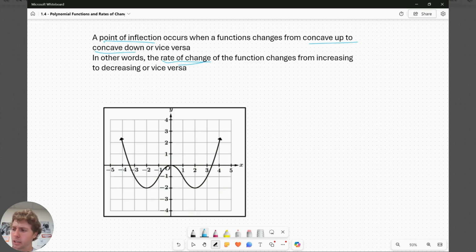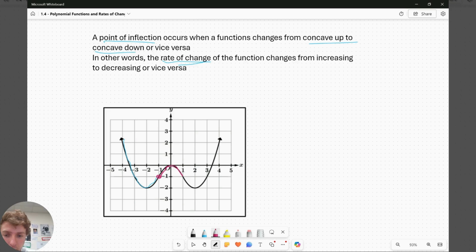But if all we're trying to do is just find the different points of inflection on this graph, just look at the concavity, right? Now your graph is concave up, but oh wait, it starts to flip. Now notice it's concave down. So that tells me there must be a point of inflection right there.